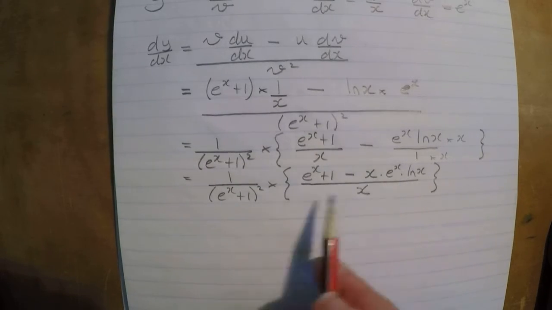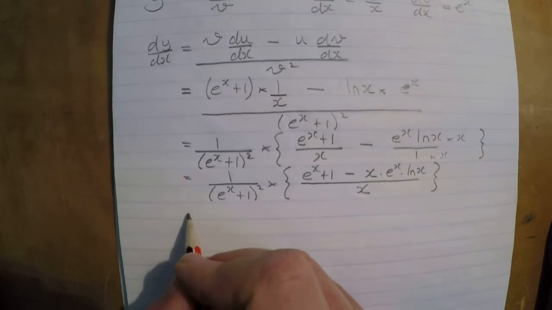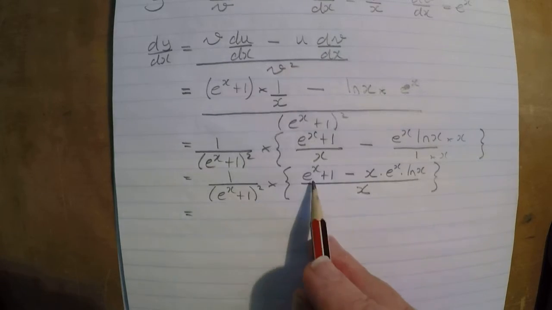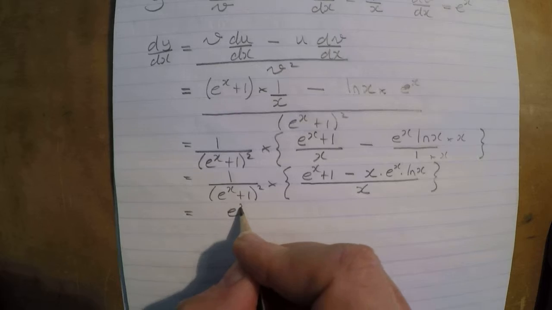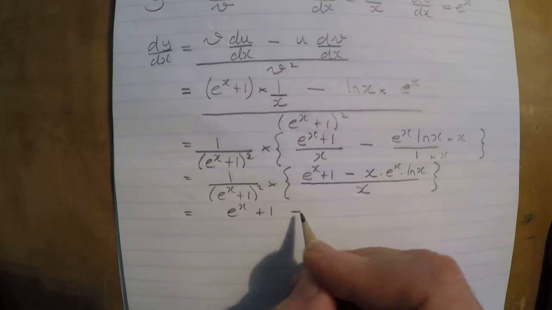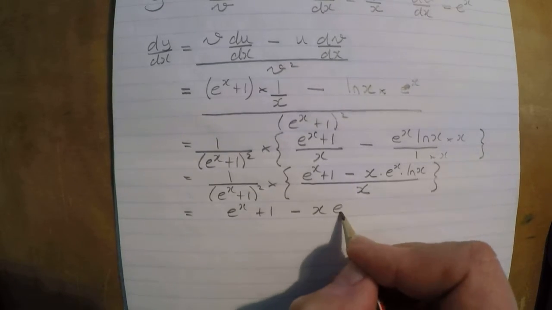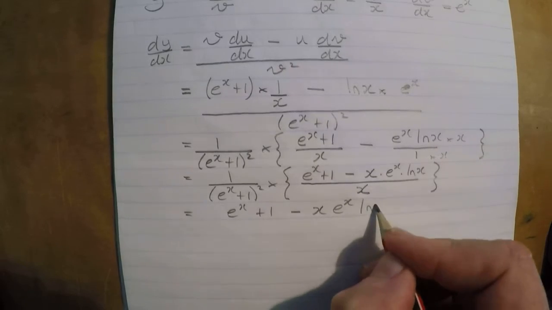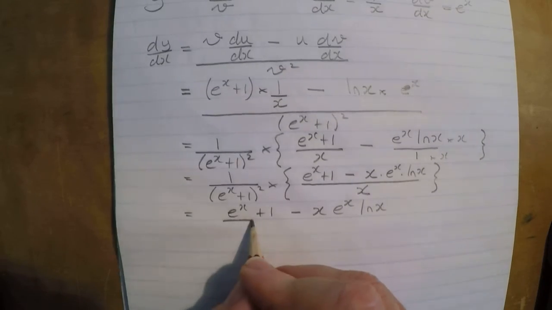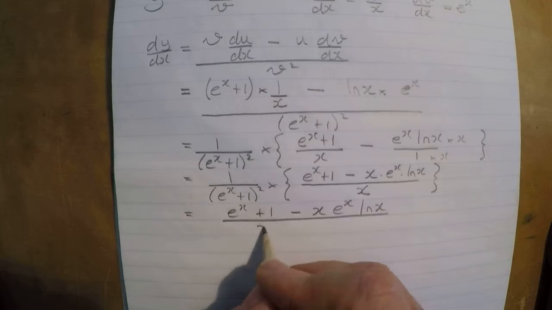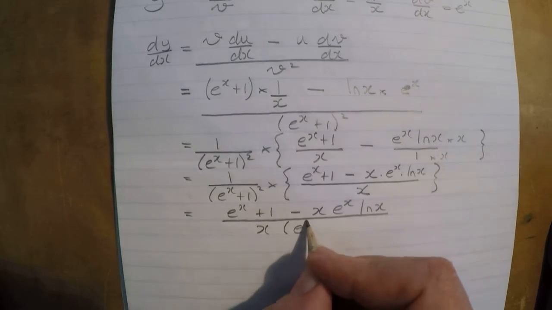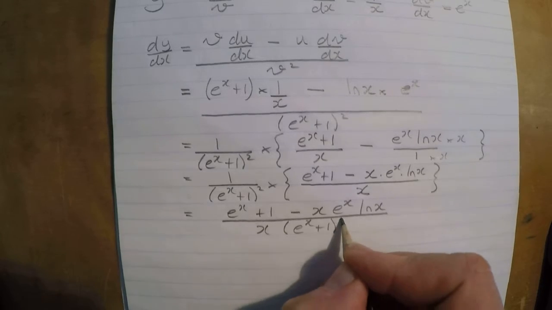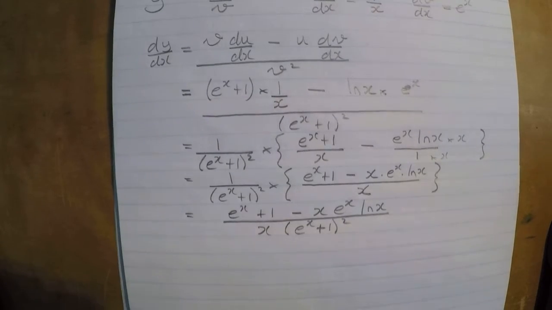And this is all multiplied by this, so there are no like terms here, so we'll just leave this as e to the x plus 1 minus x times e to the x times ln of x, all divided by, that x is still on the denominator, times e to the x plus 1 squared.